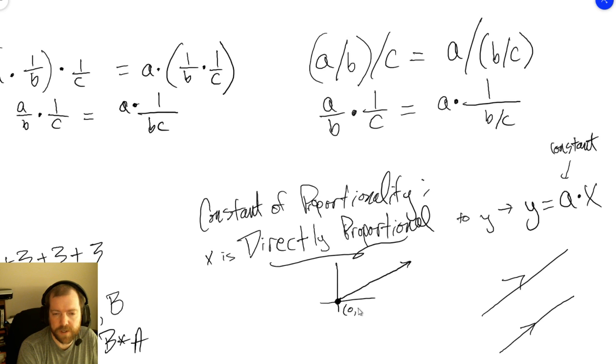So it's always going to go through 0, 0, and then some point out here, normally we just call it x, y. However, on this particular graph, this might be, for instance, x comma 3x.